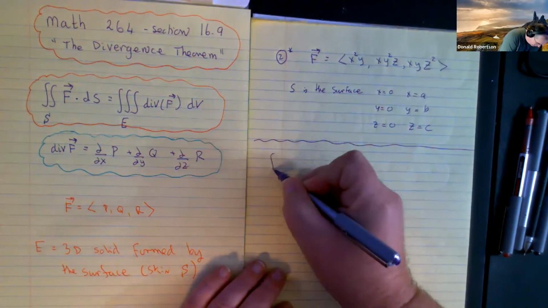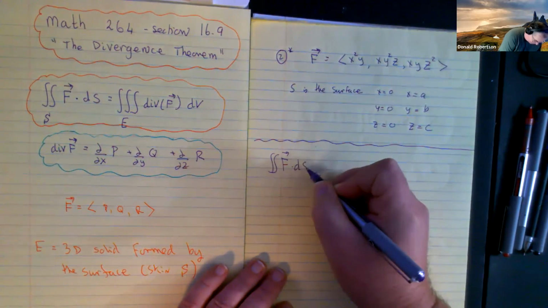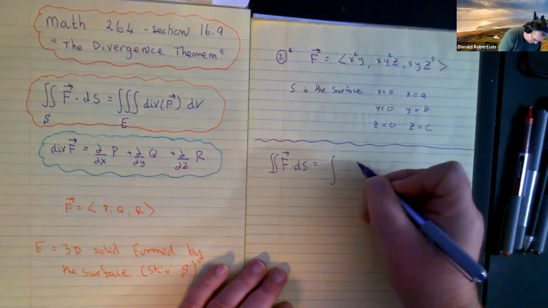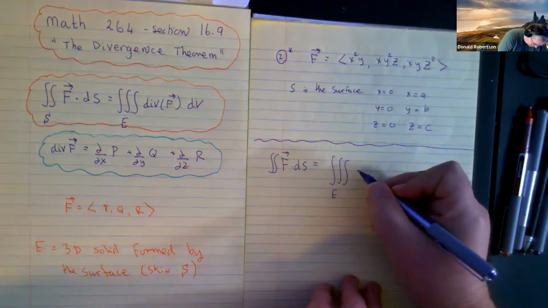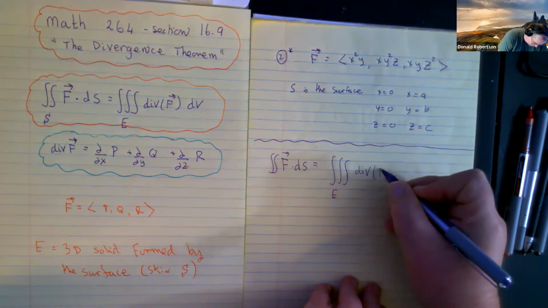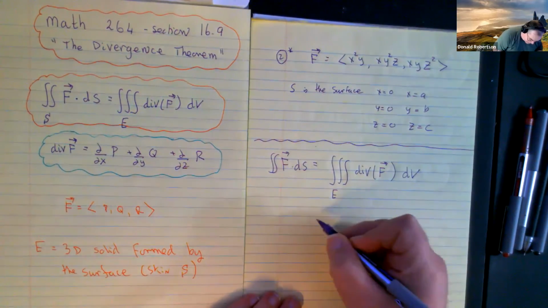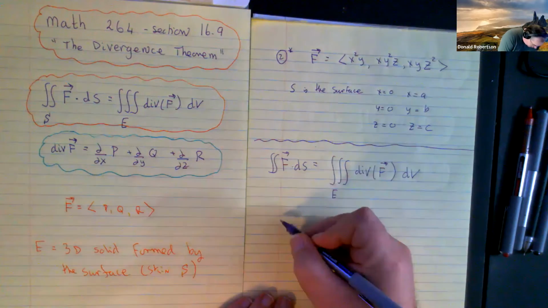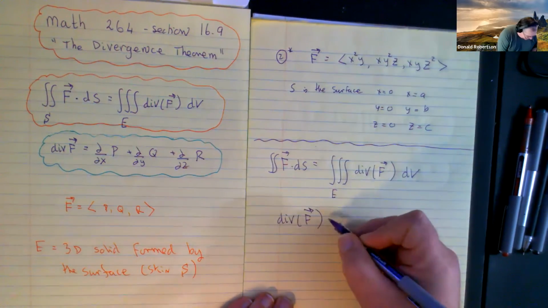So we're being asked to find this surface integral called the flux. And it's going to be the triple integral over E of the divergence of the vector field dV. And I'm going to calculate that separately.